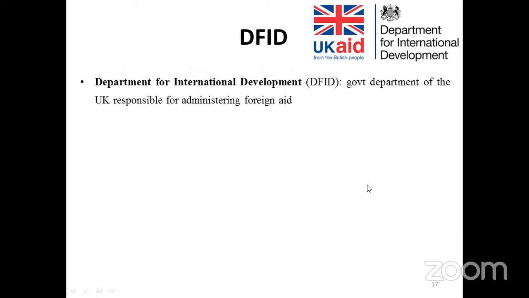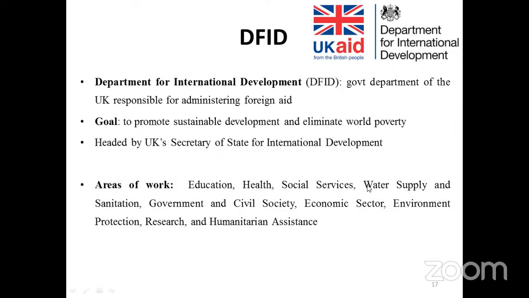Now moving on to DFID, that is Department for International Development. Just like USAID, this is UKAID, that is from the United Kingdom. So again, the same thing, their goal was sustainable development and to eliminate world poverty.